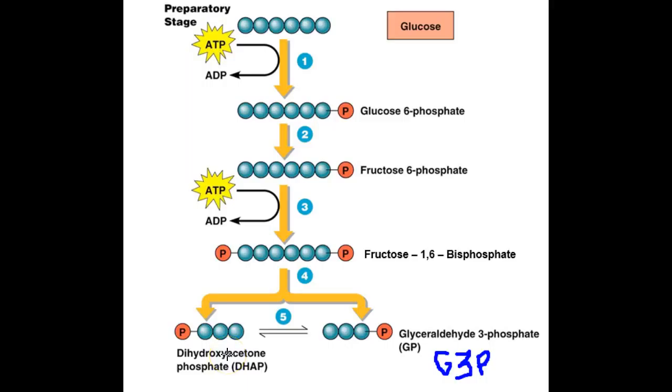It can't move on into the final payoff stages of glycolysis. It has to stay there. So think of DHAP as sort of like the hibernating form of G3P, and when energy is required, the DHAP molecules will be converted into G3P molecules so that they can be used to produce more ATP.